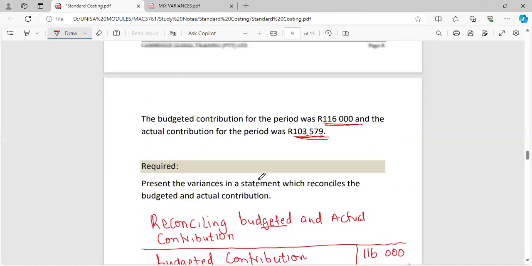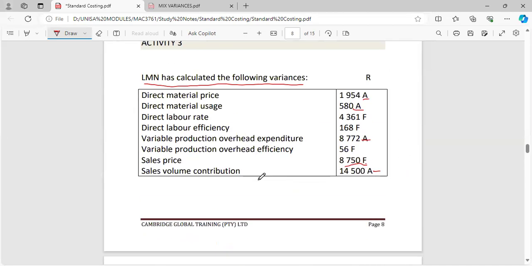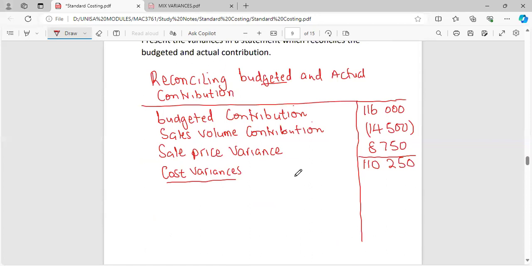In our cost variances, we have the direct material price variance, which is 1,954 adverse. It's adverse, so you are going to subtract it. In adverse, you subtract it.